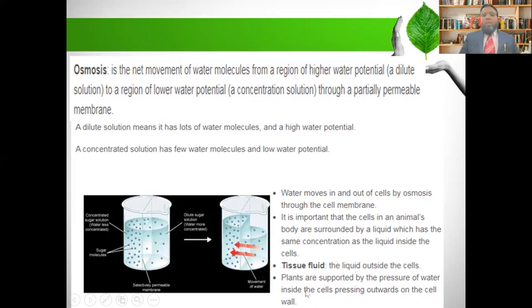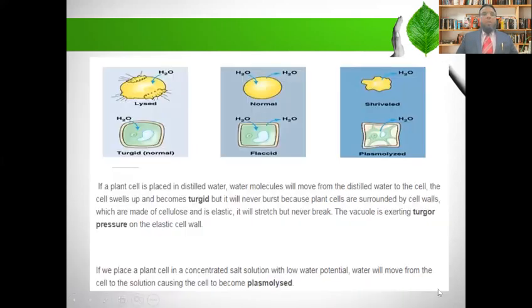The liquid outside the cells. The plant is supported by the pressure of water inside the cells, pressing outwards on the cell wall. Now another thing you can see here: water enters into the cells, due to which the cell becomes turgid.